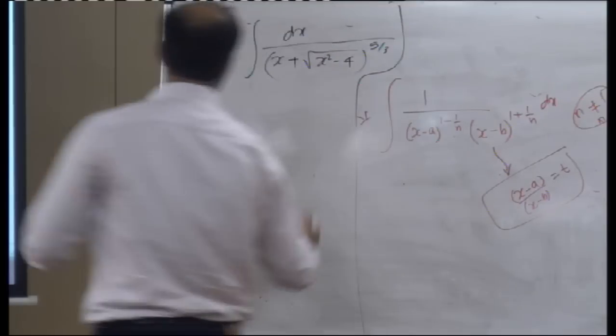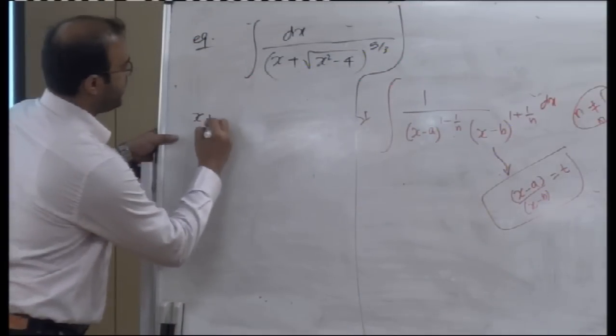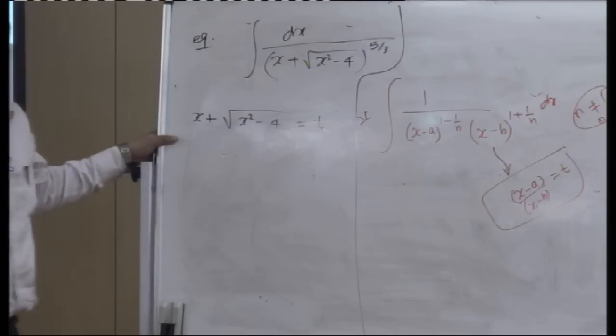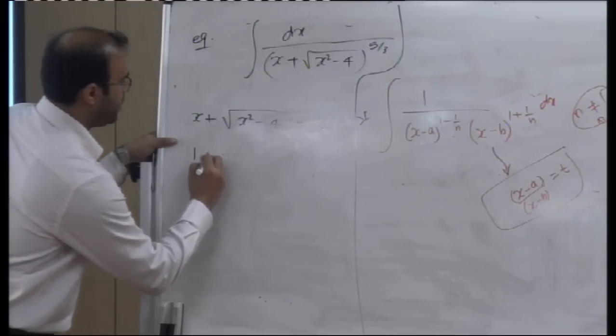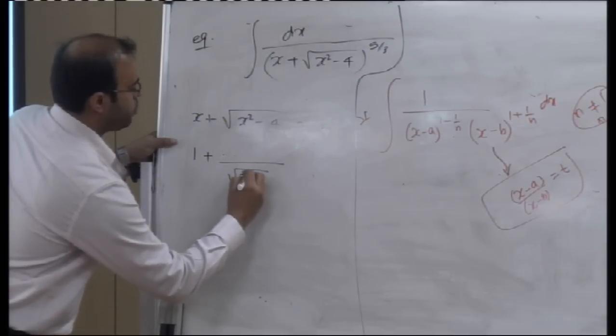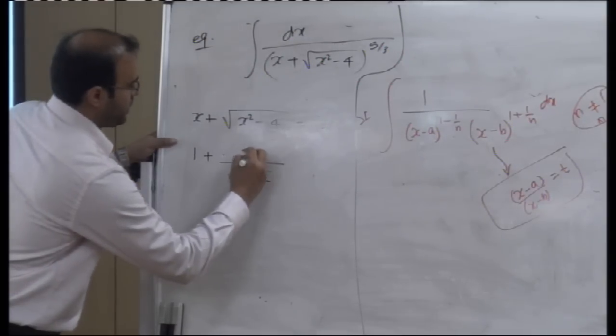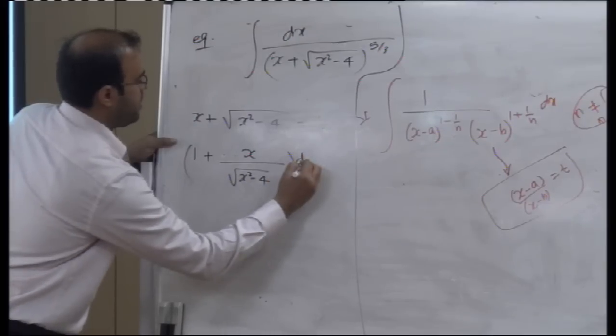So right now just see, when we write it like this, x plus root over x square minus 4 equal to t, and differentiate it, what will happen? 1 plus x by root over x square minus 4, dx equal to dt.